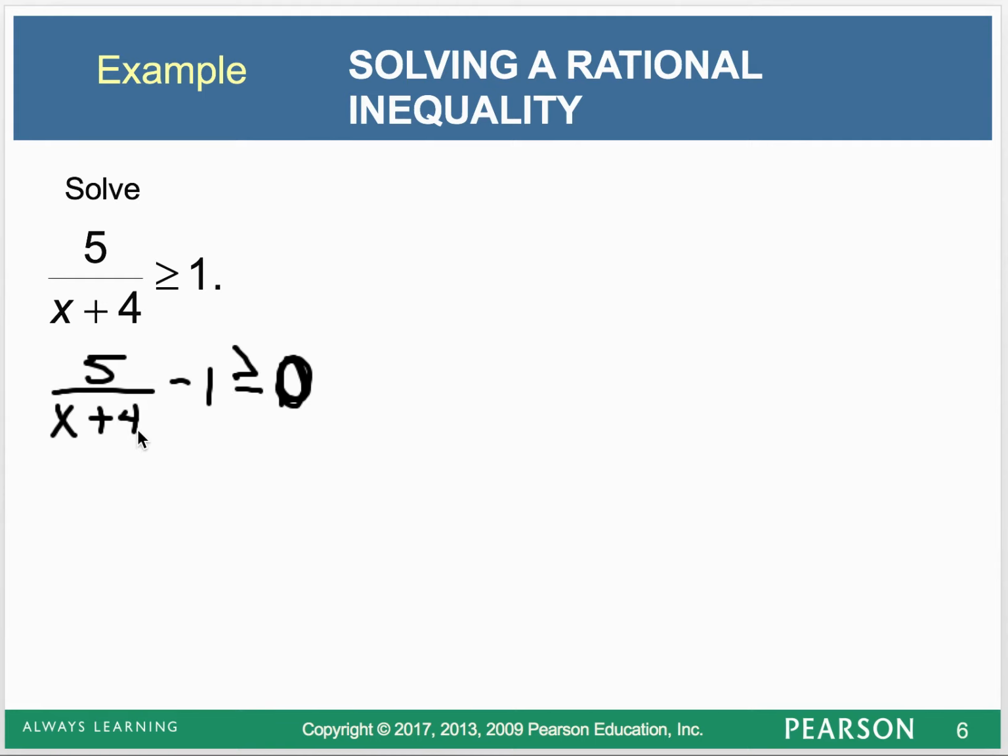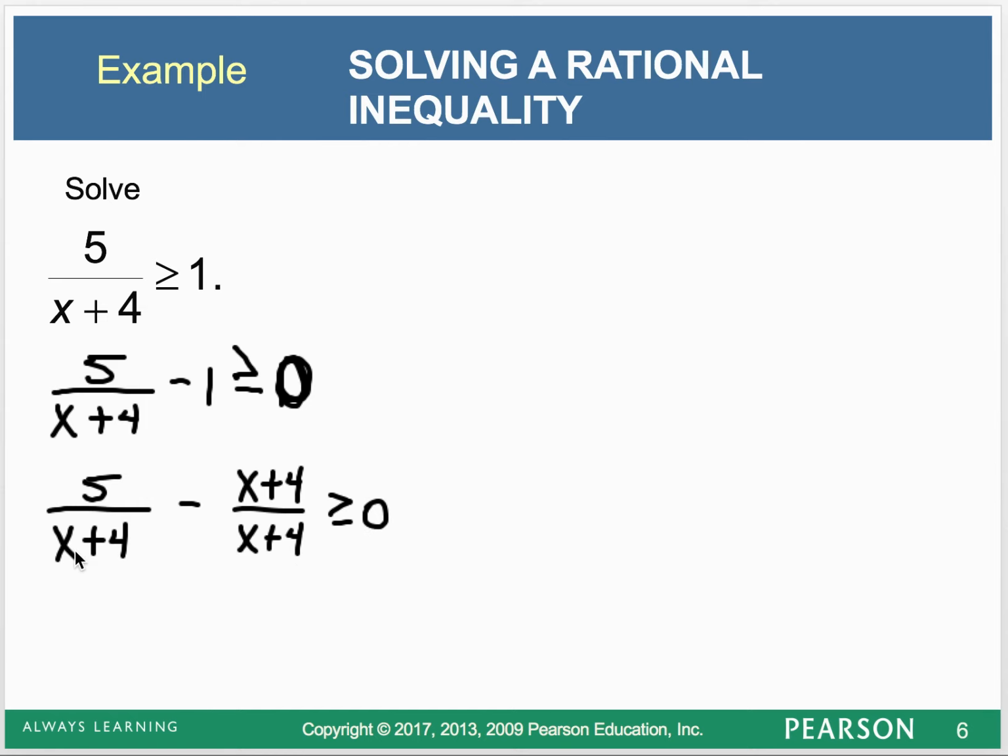So I've got to combine these numbers into one fraction. That means if I'm adding fractions, I need a common denominator. The only denominator is x plus 4, so I'm going to make this 1 as x plus 4 over x plus 4. It's the same thing as 1.